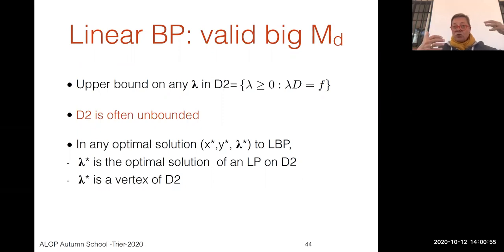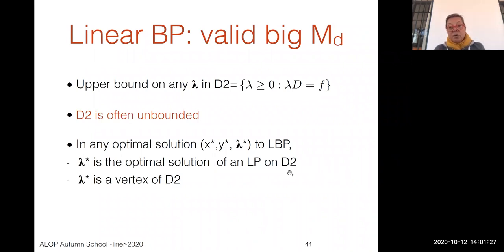Because of the strong duality, lambda star is the optimal solution of the dual of the second level, which determines Y. The advantage is that lambda is in an unbounded polyhedron, but when we consider an optimal solution, lambda is an optimal solution of an LP, and it is also finite.